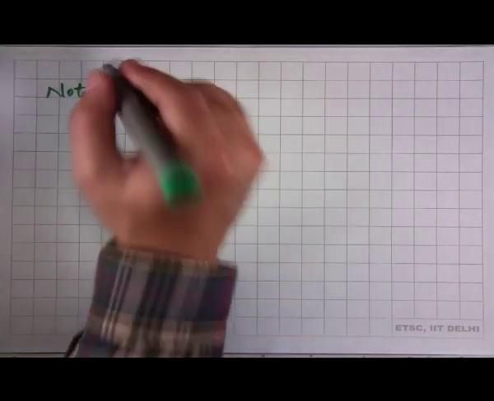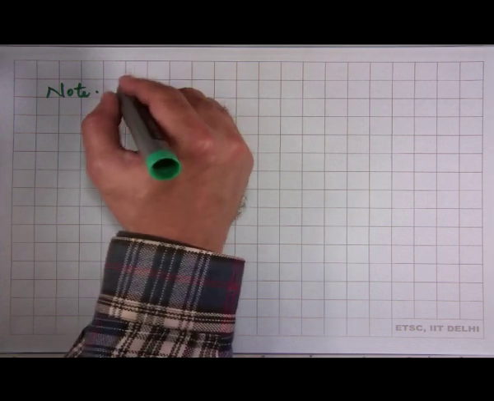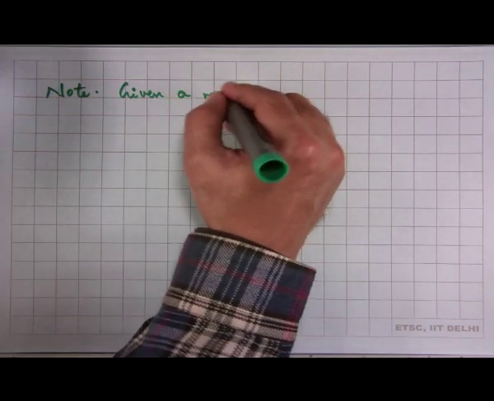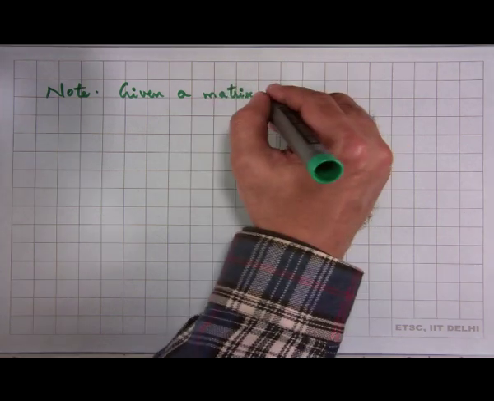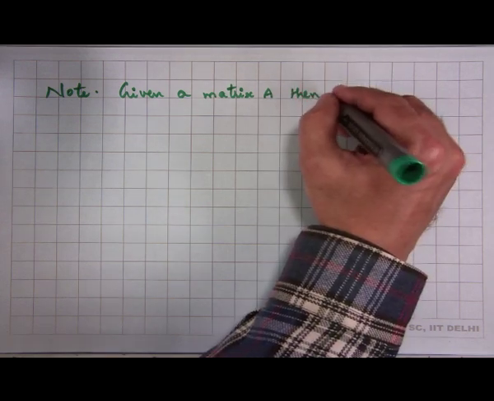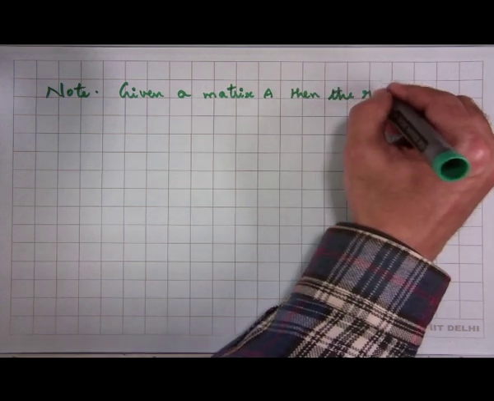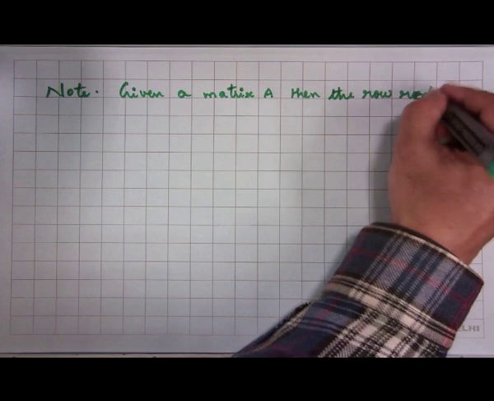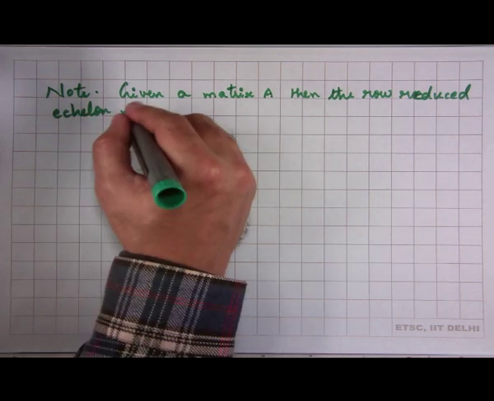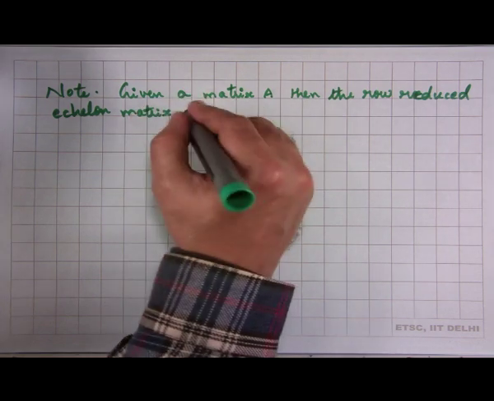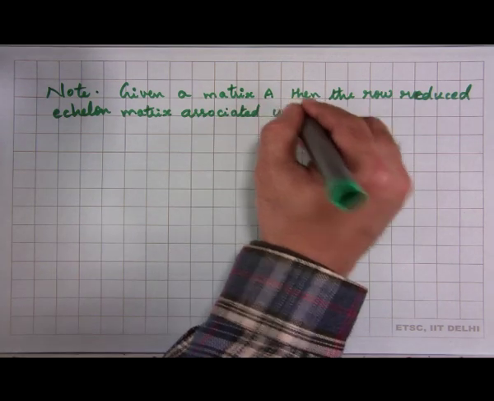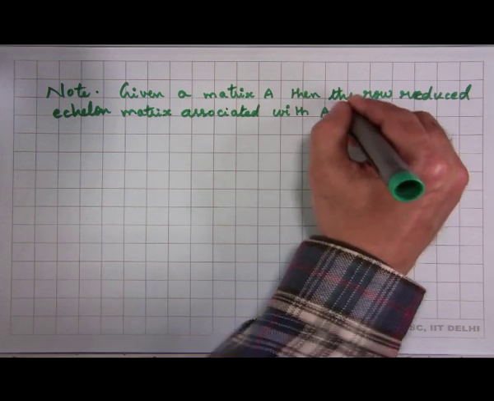Let me remark that given a matrix A, the row reduced echelon matrix associated with A is unique.